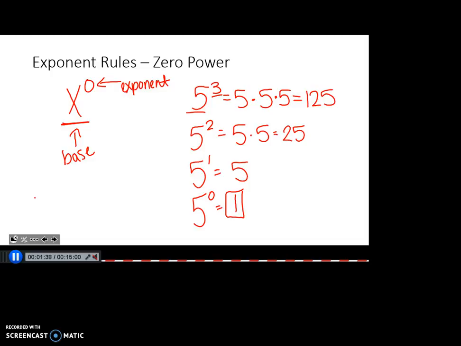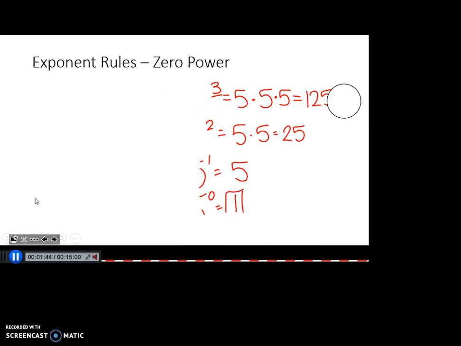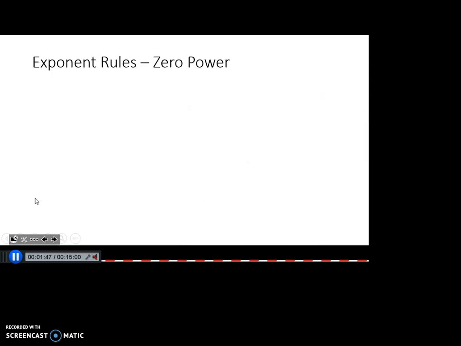So if anything is raised to the power of 0, the final answer is 1. That is the rule for any variable or base that's raised to the 0 power. So anything raised to the 0 power equals 1.